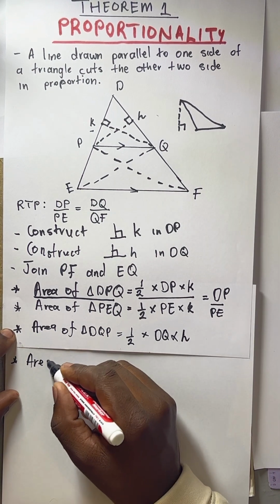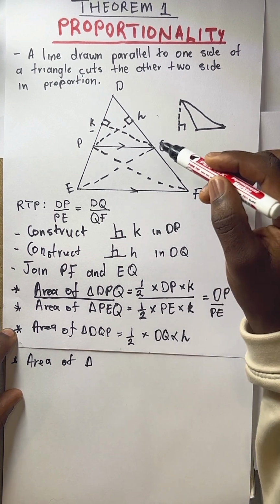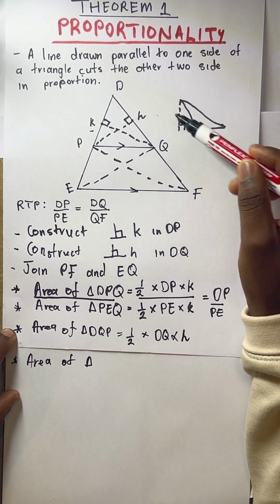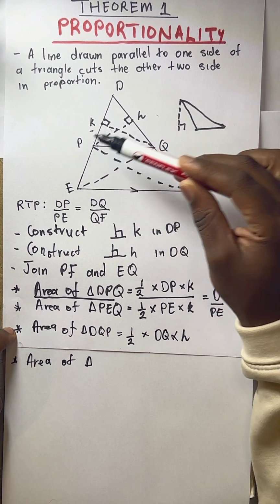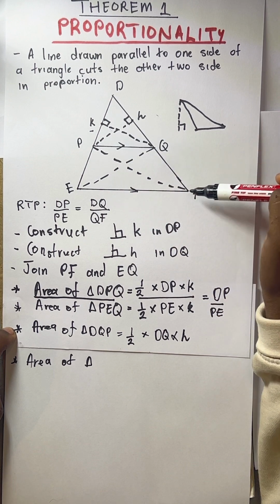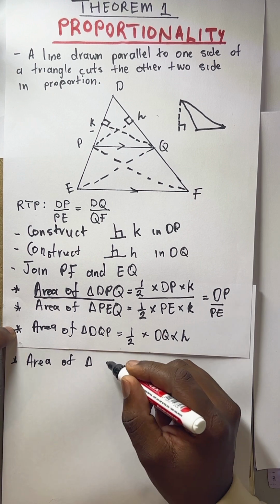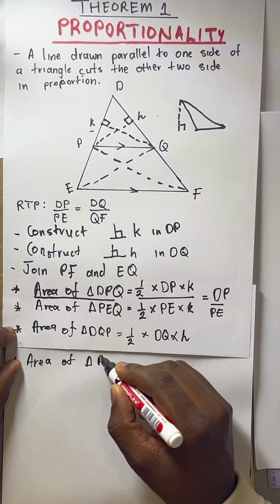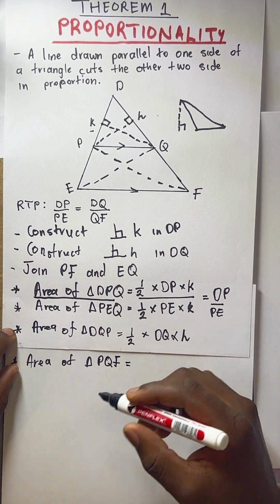Similarly, now you look at the area of the triangle in the same side. You want to find out the proportion of this side versus this other side. You're looking at your triangle PQF or QFP, any way you want to call it, right? So you look at your triangle PQF, it's going to be equal to, the base now.